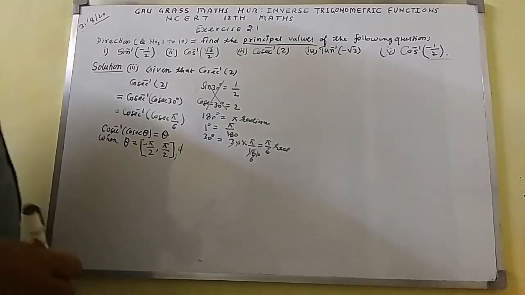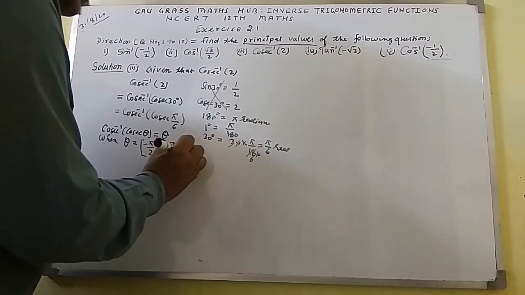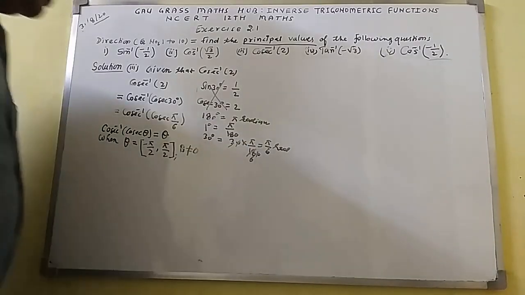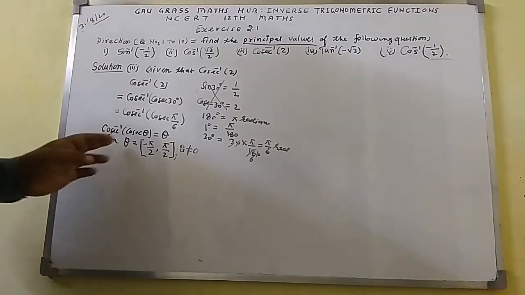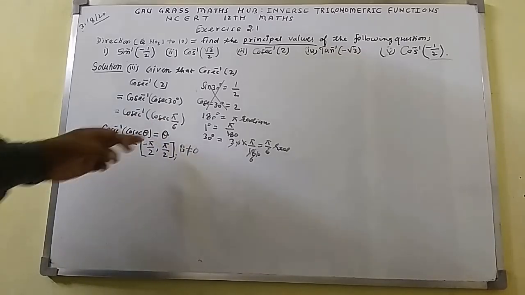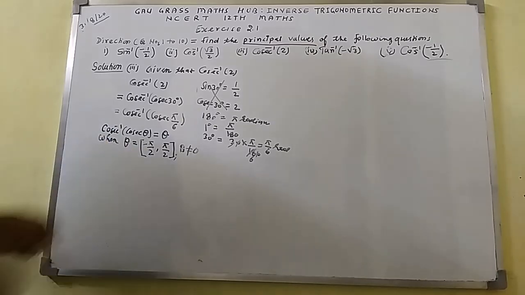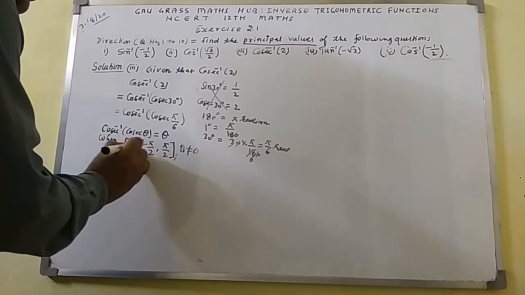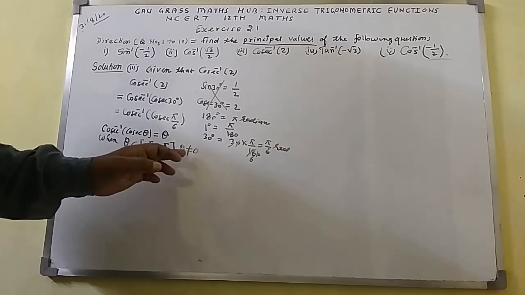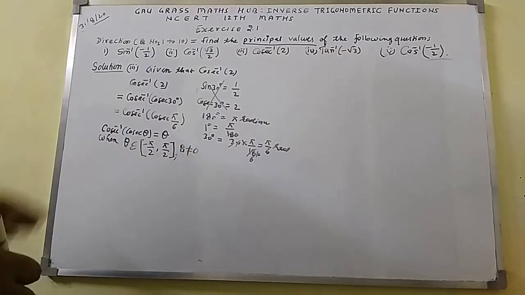theta not equal to 0. This is the concept. Cosec inverse cosec theta equal to theta. This statement will hold when theta belongs to closed interval minus pi by 2 comma pi by 2 closed interval, theta is not equal to 0. This is the case.